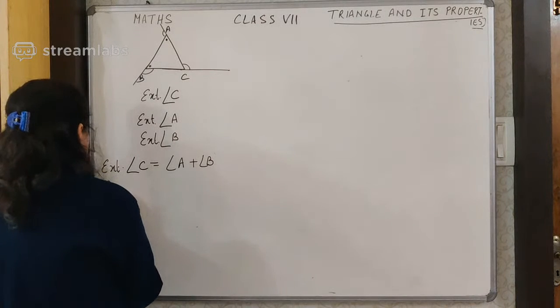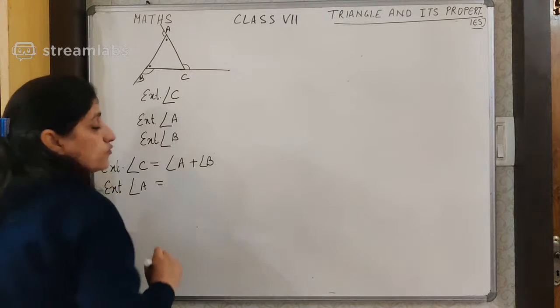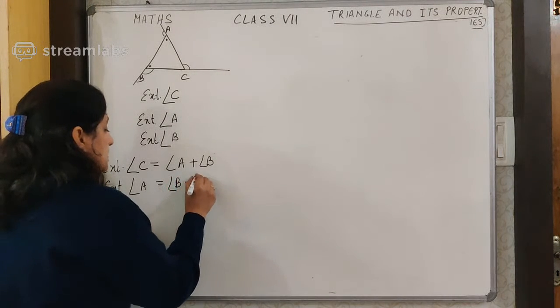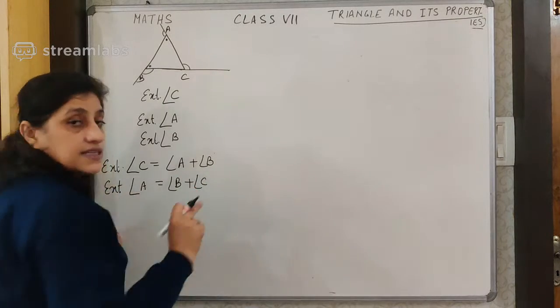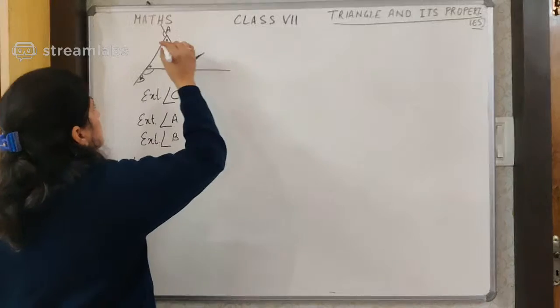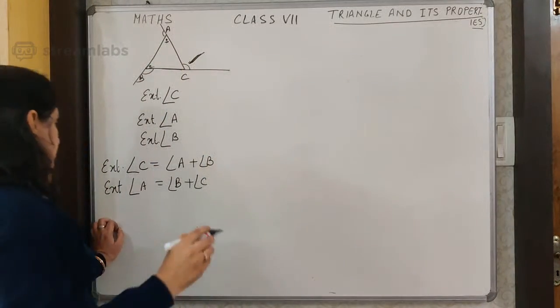So if I ask you what exterior angle A is, can you tell me what it will be? It will be equal to angle B plus angle C. These are the interior angles. So if I have to find this, it will be the sum of the opposite two interior angles.